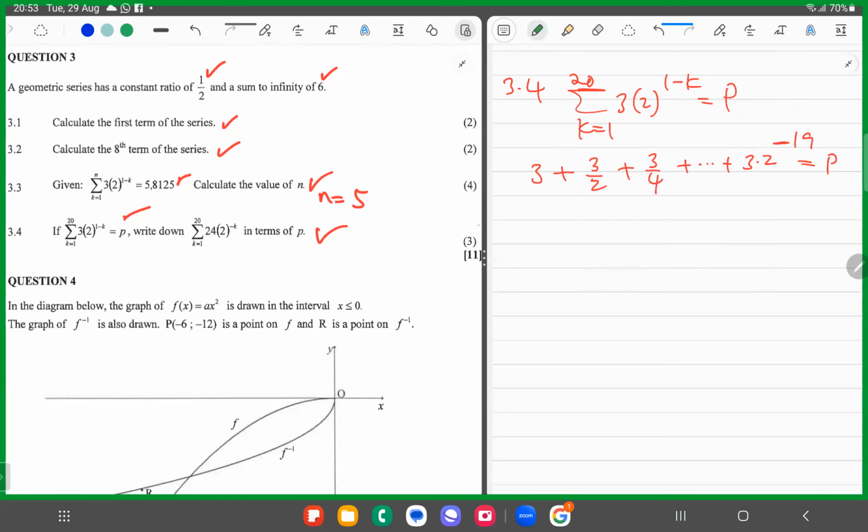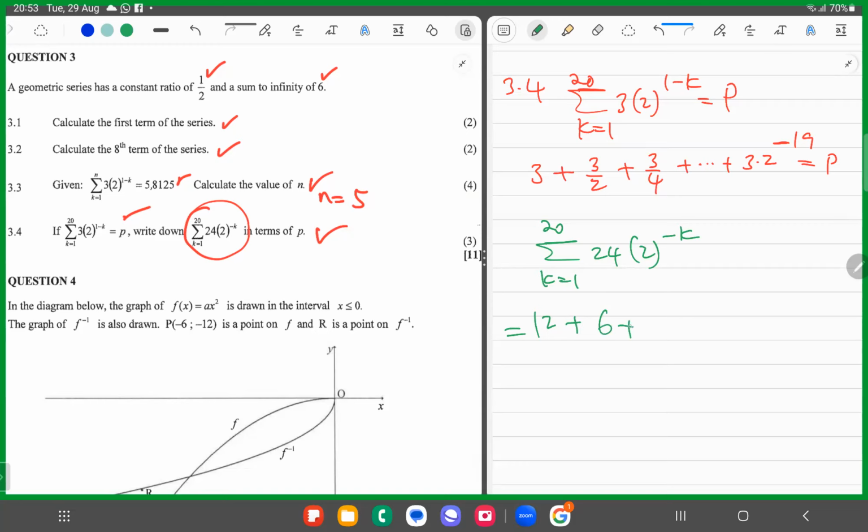So now you have the summation here, which means you have 24 times 2 to the minus k. Okay, that's the one they gave. You substitute k equals 1, it gives 12. When k equals 2, you divide 24 by 4, and that gives 6.